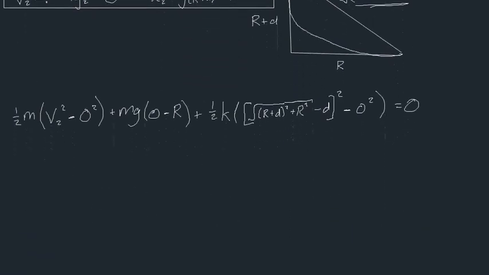Let's see if we can simplify this a little bit more. I'm going to do this in one step because I'm fairly sure by now we're all familiar with algebra. So I'm going to bring all other terms to the right-hand side and leave v2 where it is.